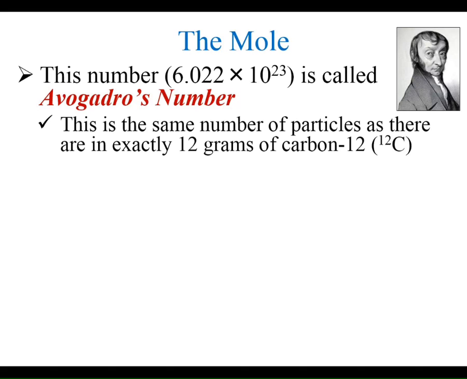Everything on the table is based off carbon-12, and now the mole is too. So if 1 carbon-12 is 12 AMU, how many carbon-12s are 12 grams? 6.022 times 10 to the 23rd of them is 12 grams. That's where that came from. That's called Avogadro's number.